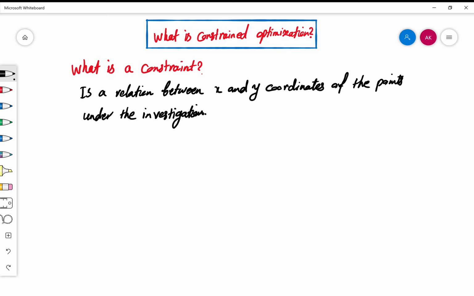So we are not interested in doing something for all x and y's. We are interested in points whose x and y have some specific relation.